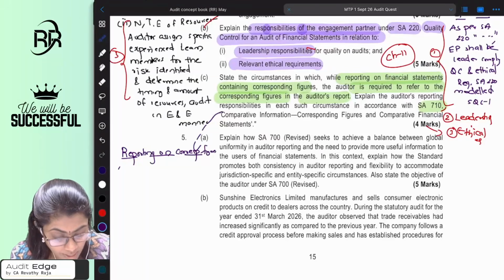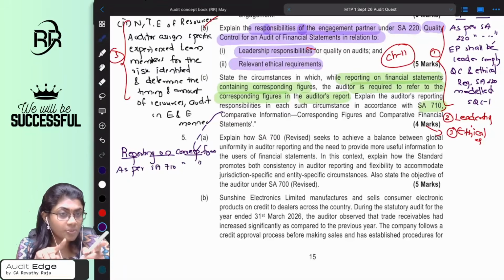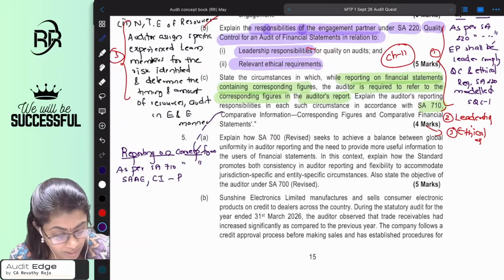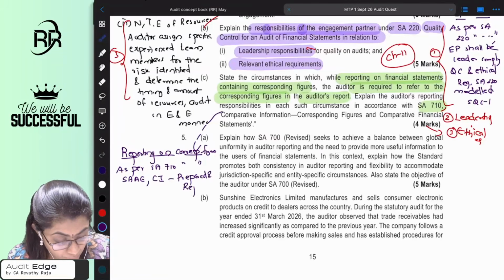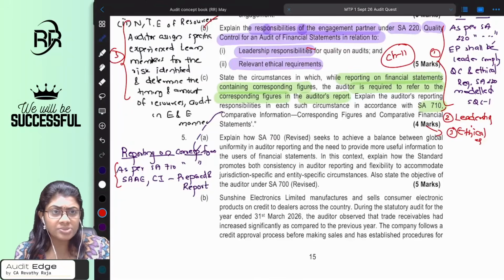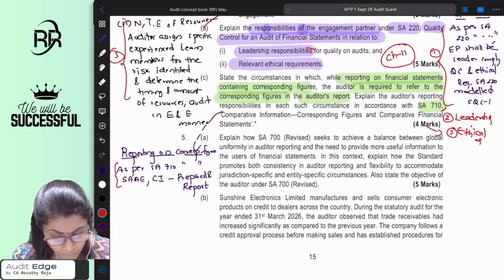As per SA 710, comparative information, corresponding figures and comparative FS. The auditor shall obtain sufficient and appropriate evidence whether the comparative information is prepared in all material respects, and he shall report. That is just the introductory para.